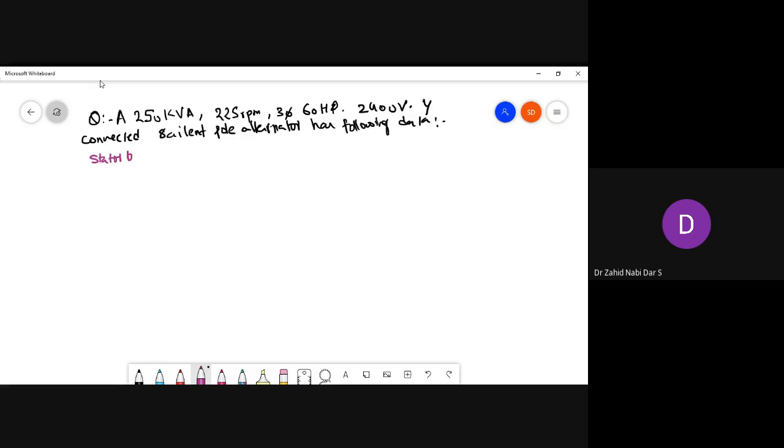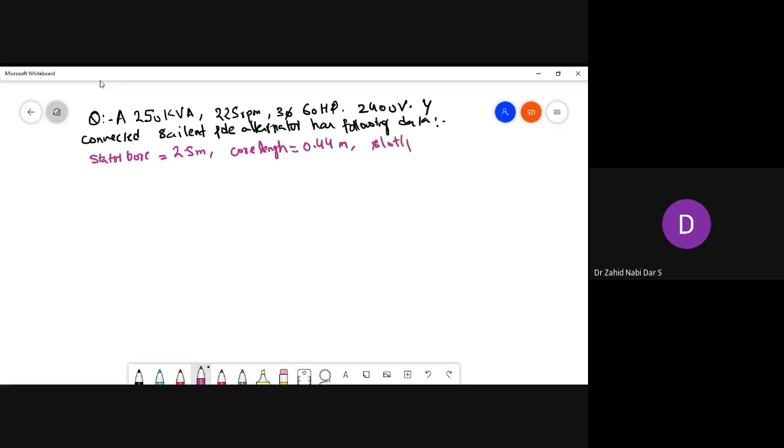Stator bore is equal to 2.5 meter. The core length is equal to 0.44 meter. Slot per pole per phase is equal to 3.